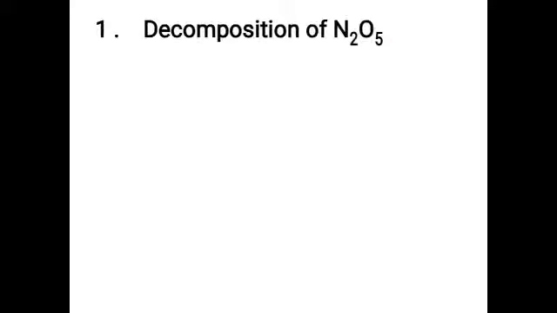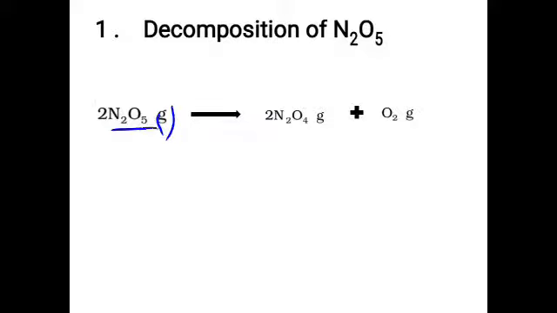Now an example for this first order reaction is the decomposition of N2O5, that is dinitrogen pentoxide. So when two molecules of dinitrogen pentoxide are decomposed, it gives two molecules of N2O4 plus one molecule of oxygen. So experimentally, when this reaction was done, the rate was found to be directly proportional to the concentration of N2O5.